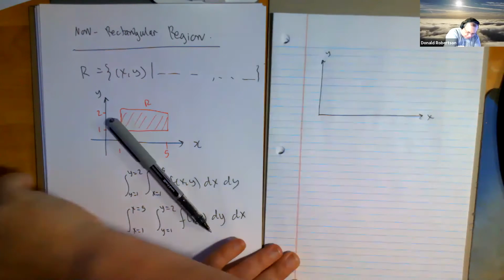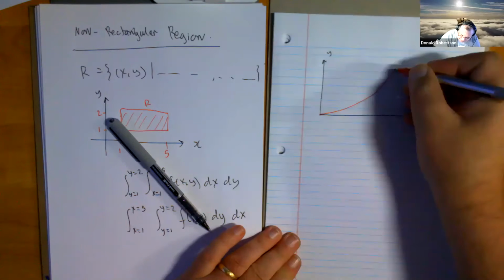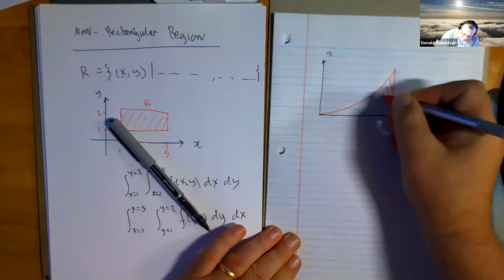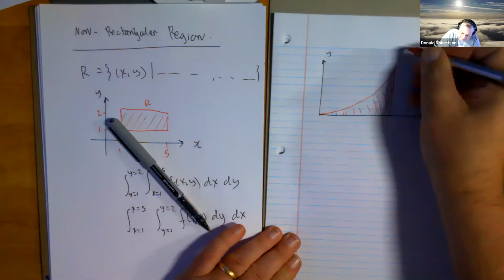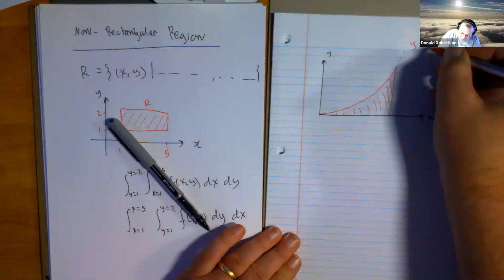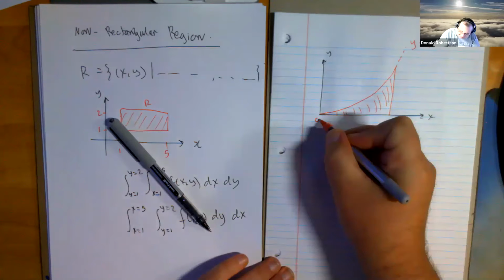Suppose the region that we're interested in is this red region. The function is x cubed. And this is 0, and this is 2.